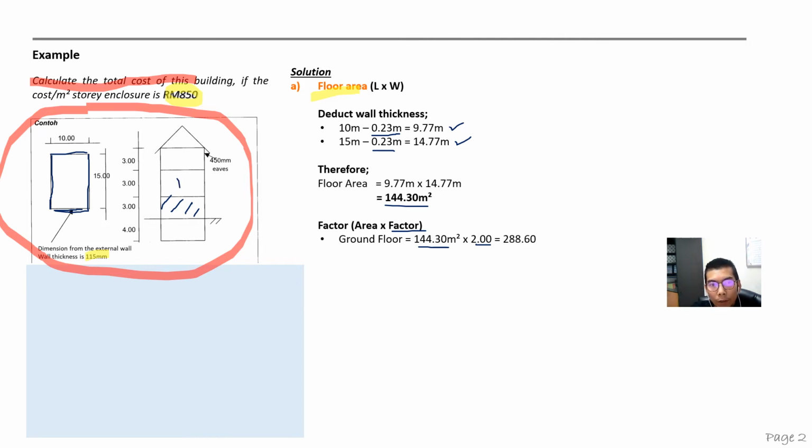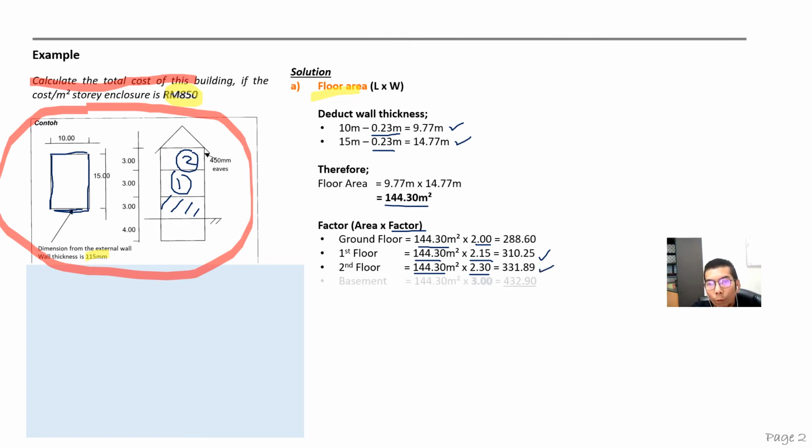For the first floor, still the same floor area, 144.3 meter square, times now the progressive factor will be 2.15. You tambah 0.15 tadi. And for the second floor, again using the same floor area, times now the progressive factor is added by 0.15 as well, so you will times it by 2.3.